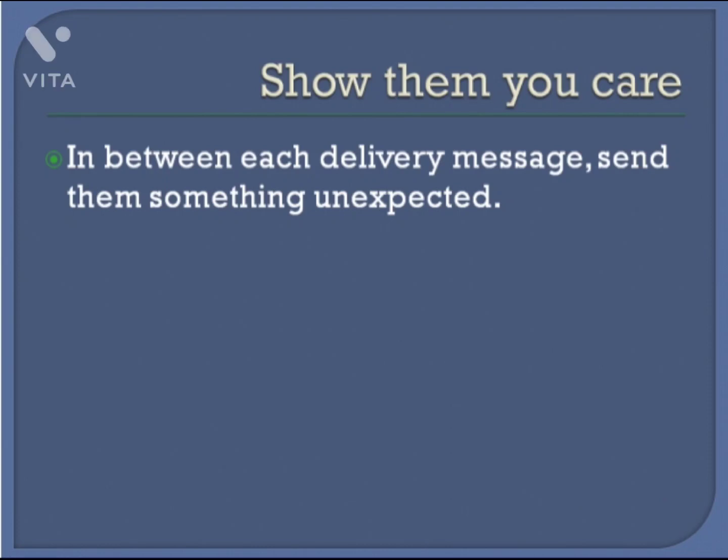Let's say all the messages are sent on a specific day. What you can do is, 2 days after those messages go out, you can say, hey, did you get my message? Here's a link if you didn't. Have you taken action? Here's how to break through some distractions to take some action. Help them get there. If you can help them get there, that'll show them that you care.